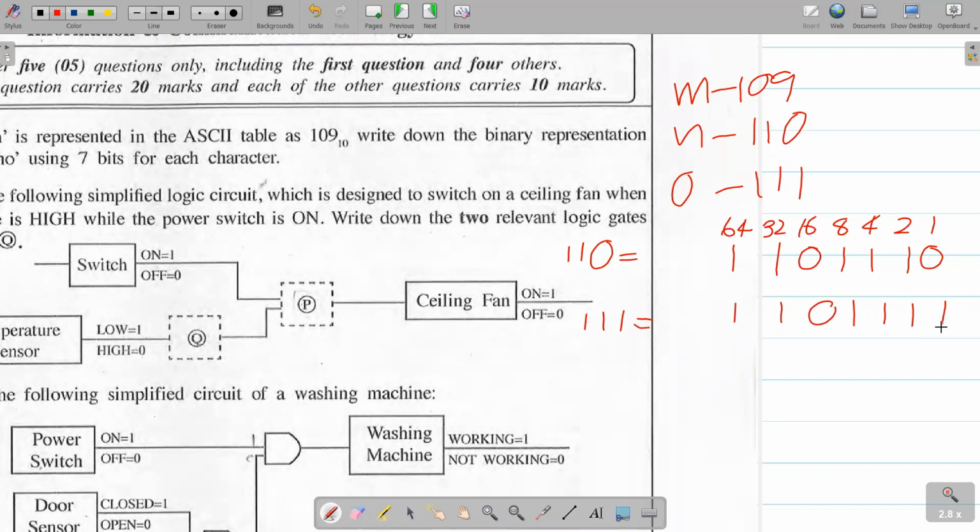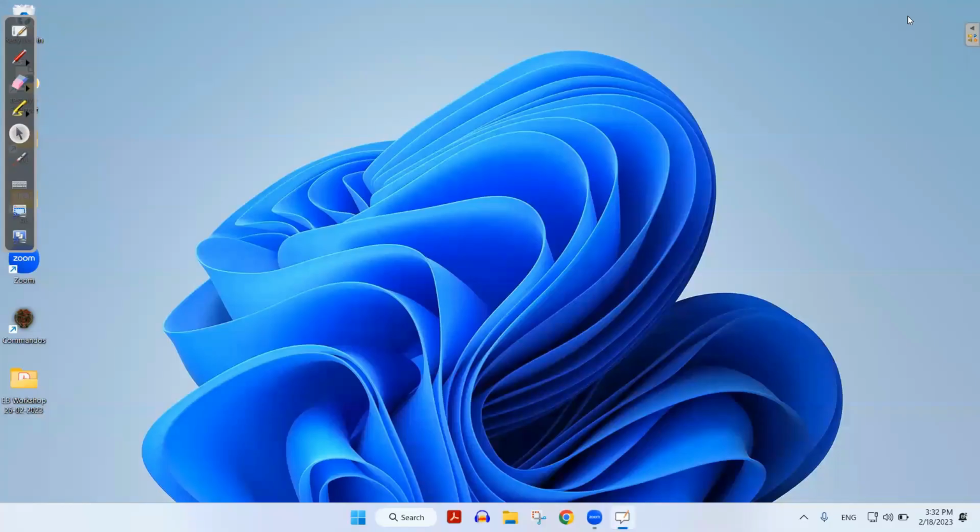Right, so these are the conversions, and you have to write them together and show. So the final answer is going to be 1101110, 1101111. Right, so this is going to be the answer. Let's cross check it with the marking scheme as well.